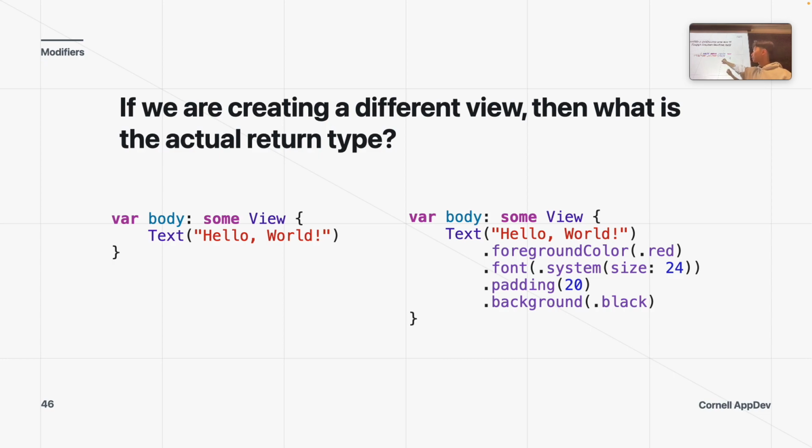If we look at this var body: some View, this body property has a return type called some View. But this one right here also has a return type of some View. In both these examples, remember, these things are new structs, new views. They're different return types. Then how is it possible that you can give it some kind of explicit return type?